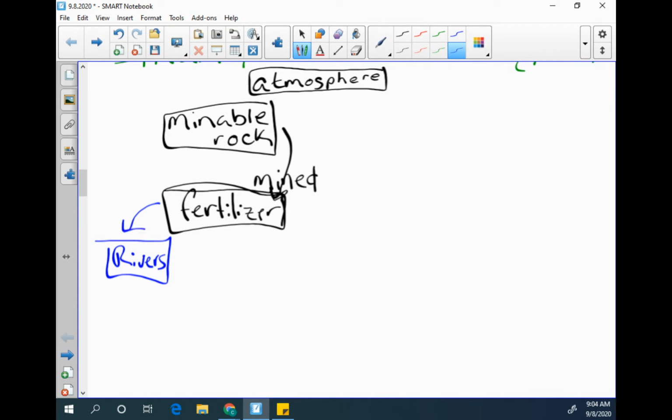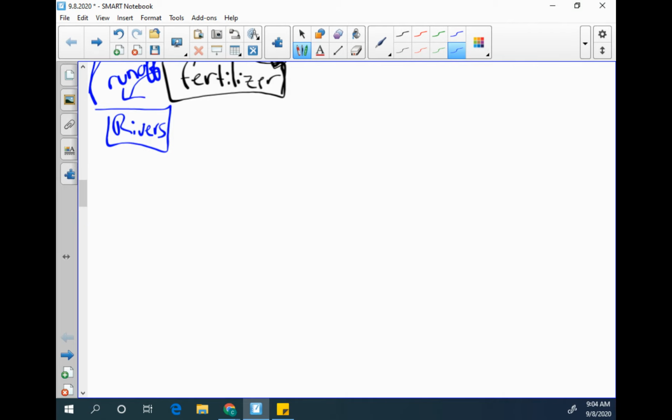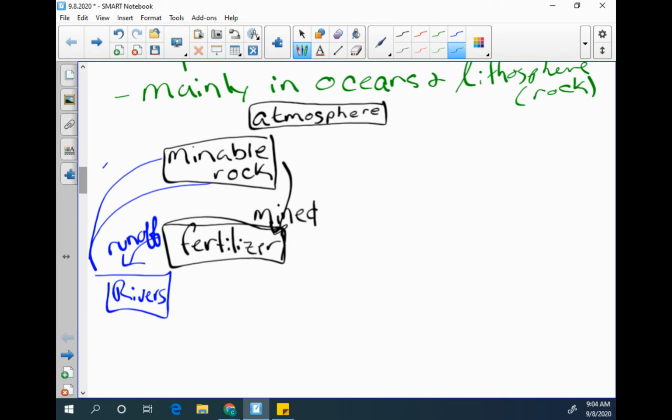So fertilizers can run off into the rivers, and the mineable rock can erode or weather, and that will all bring phosphorus into rivers.